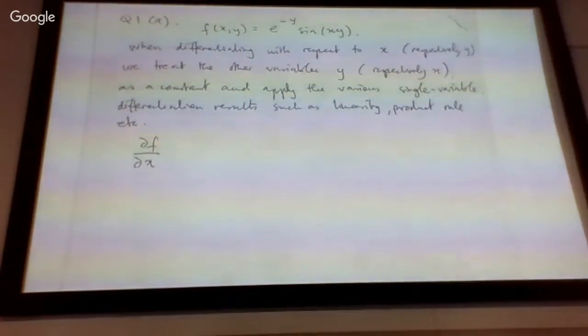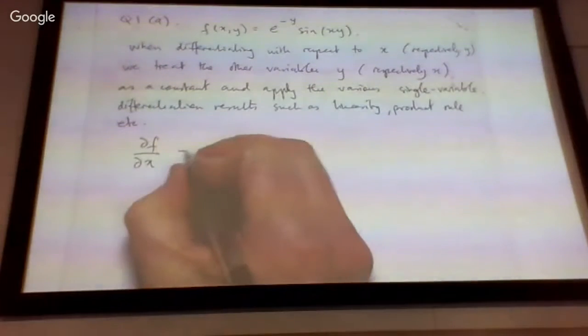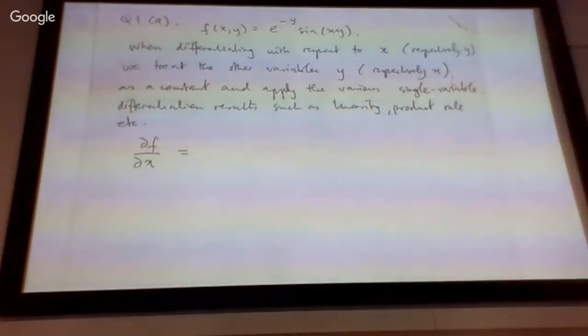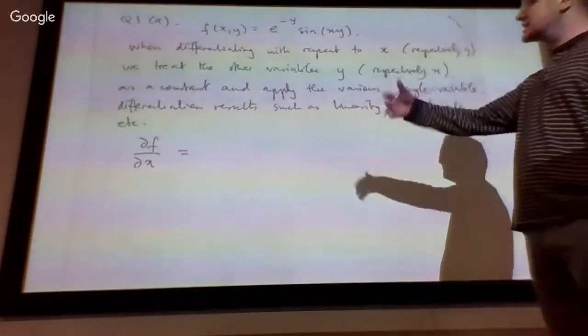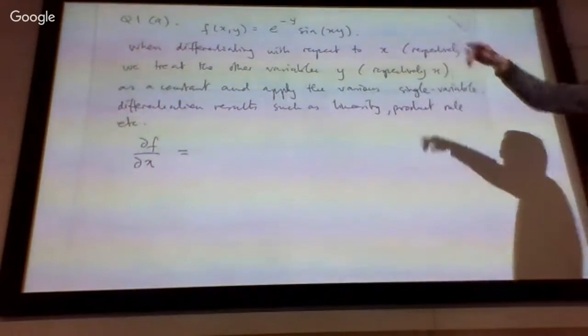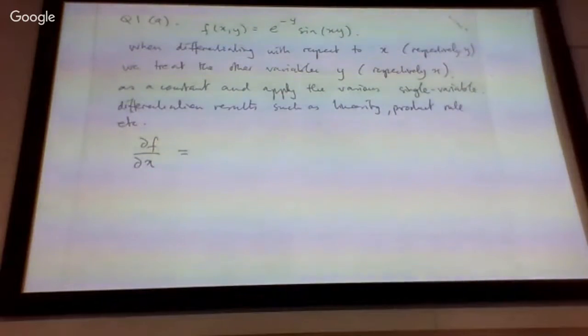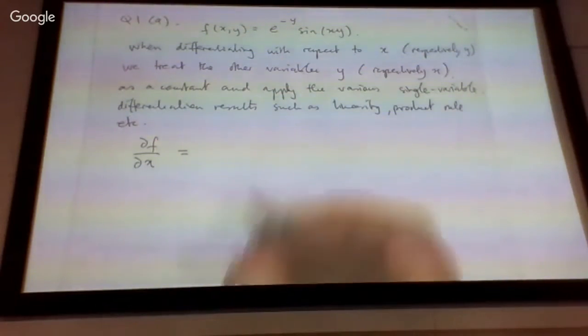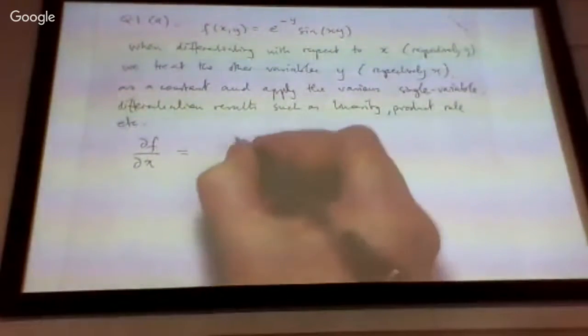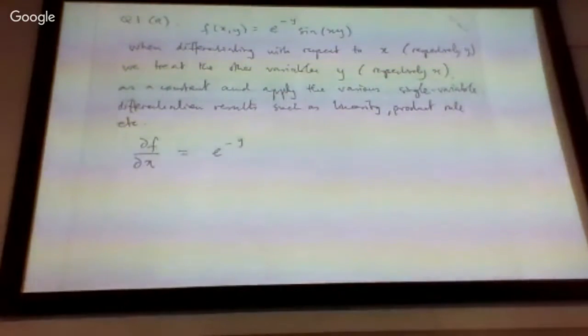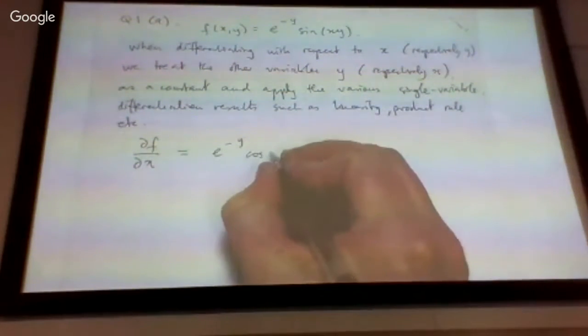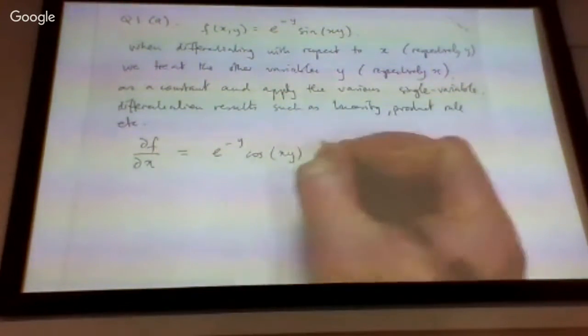So the derivative df dx, well, let's apply that technique. We're differentiating with respect to x, treating y as a constant. So really what we see is something times the sine of something times x. The derivative of sine is cosine, so we're going to have the same constant factor times the cosine of the same argument, x times y.